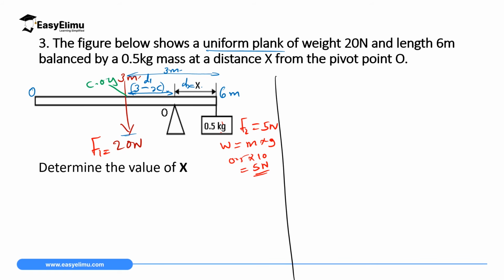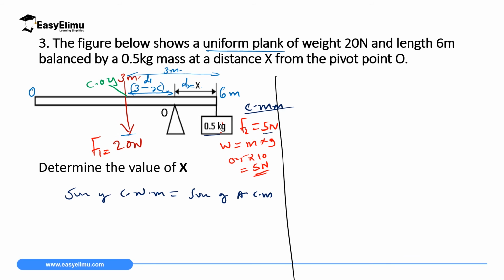Then if we use the principle of moment, the sum of clockwise moments is equal to the sum of anti-clockwise moments. The force of 5 Newton, which is produced by a mass of 0.5 kilogram, will give a clockwise moment.